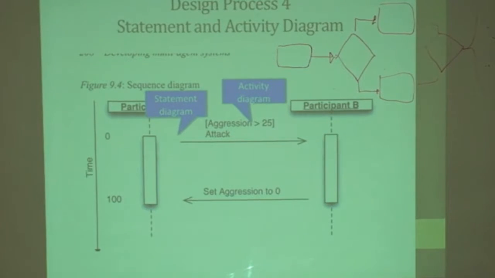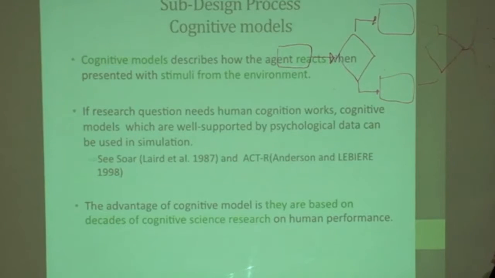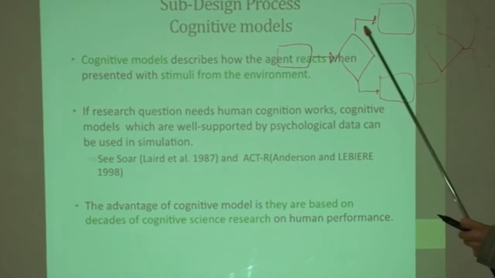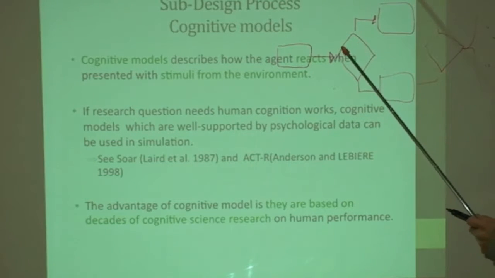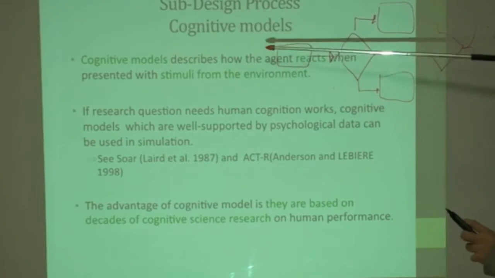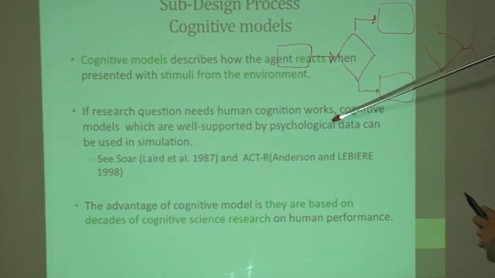Is it okay? Let's go to the next slide. This is the sub-design process, cognitive models. Cognitive models describe how the agent reacts when presented with stimuli from the environment. So cognitive models are useful to design psychological or cognitive models.